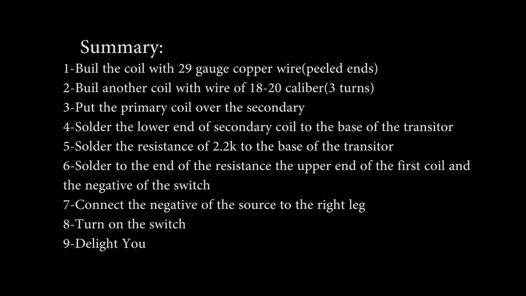To understand how the Tesla coil works, first we need to know the transformer principles. We need to remember that the Tesla coil is just another transformer, but with an air core.